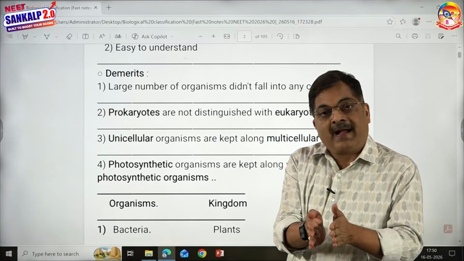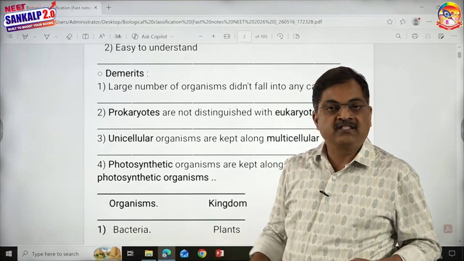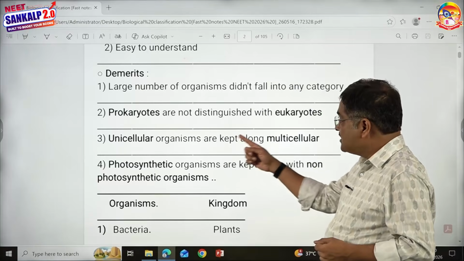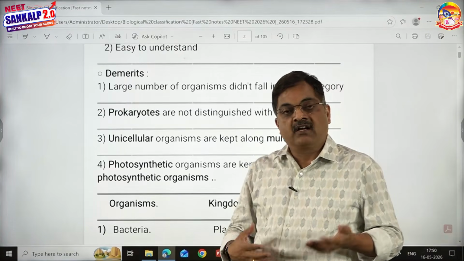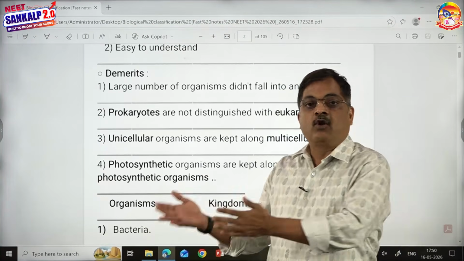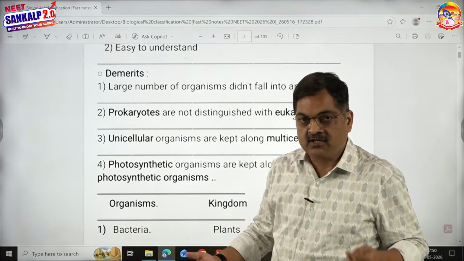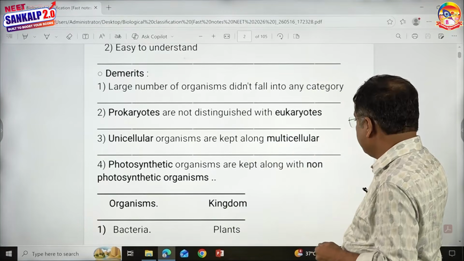Plants are kept along with bacteria simply because both have a cell wall, but bacteria are prokaryotes and plants are eukaryotes. Unicellular organisms are kept along with multicellular. Chlorella, chlamydomonas, diatoms, dinoflagellates are all kept along with plants, which are generally multicellular. So this is also a demerit.